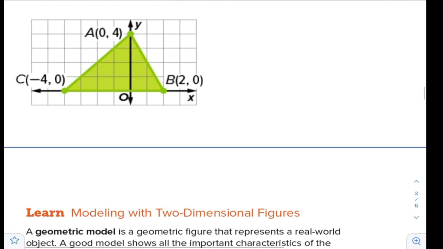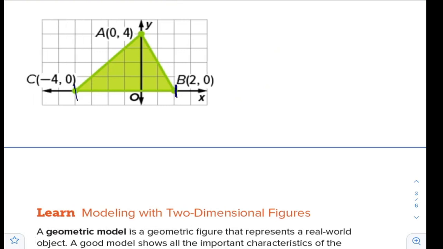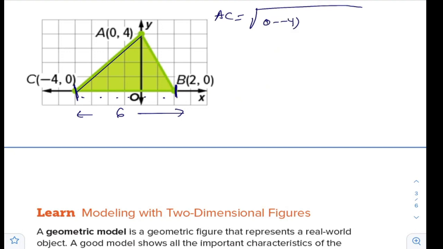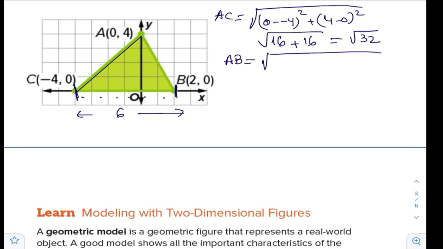One example from each shape, as you see. Triangle. For this triangle, this 1, 2, 3, 4, 5, 6 length, we need to find the AC. Then we find also AB using distance formula.